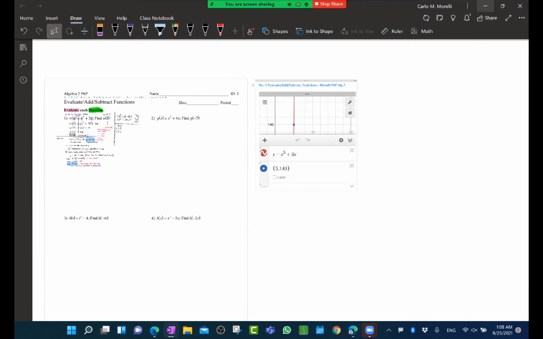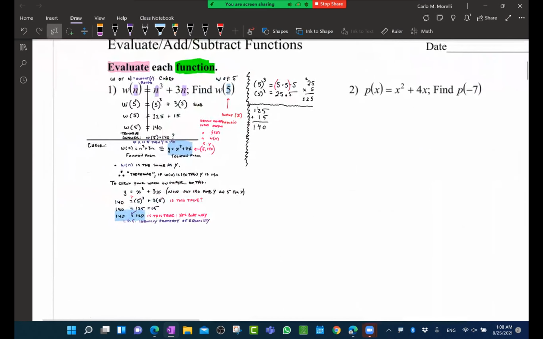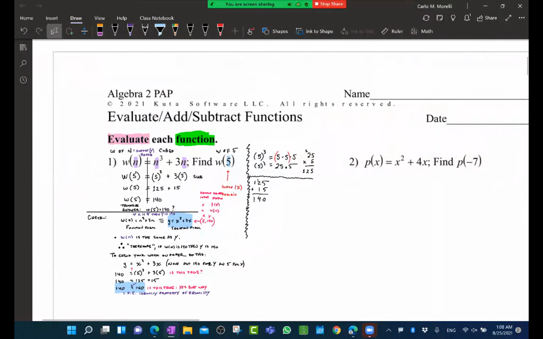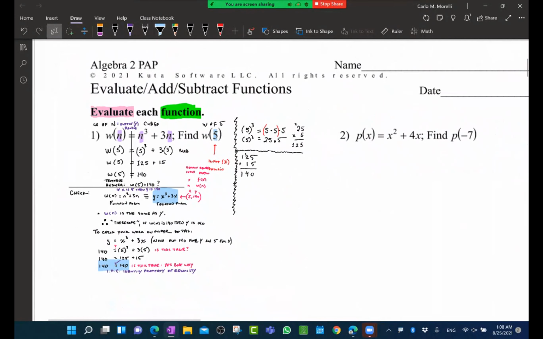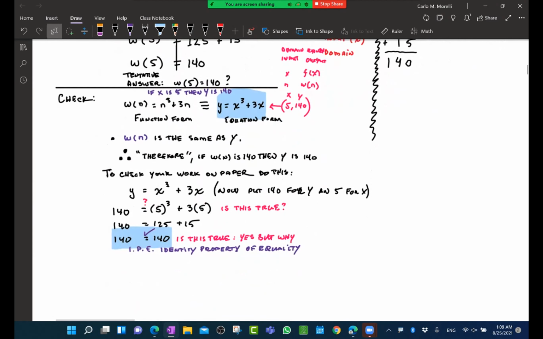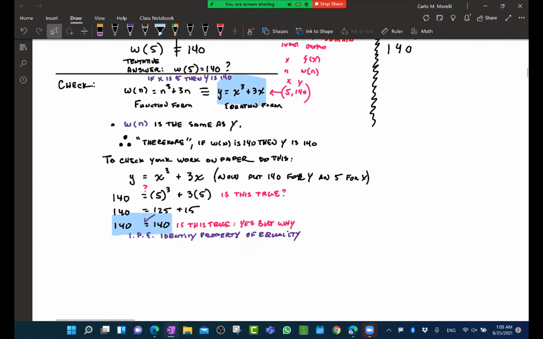Okay. So I admit I spent a ton of time on number one, but this is kind of like the first problem we're doing together. And I wanted to make sure that we establish all of our habits. So we verified our problem by checking it numerically.